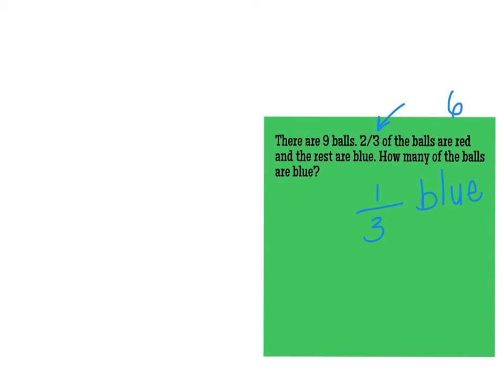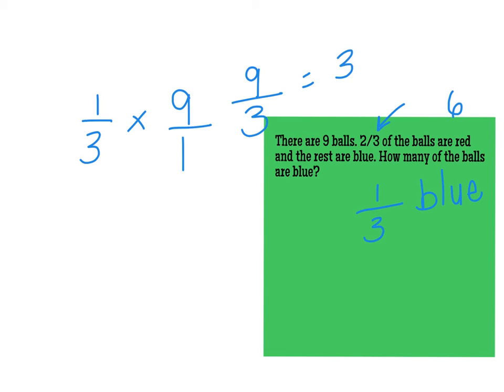And it doesn't matter if I do 9 times 1/3 or 1/3 times 9 because of the commutative property. However, what I'm really saying is 1/3 of 9, not 9 of 1/3. So when I put my 1 there, 1 times 9 is 9, 3 times 1 is 3, and 9 divided by 3 equals 3.